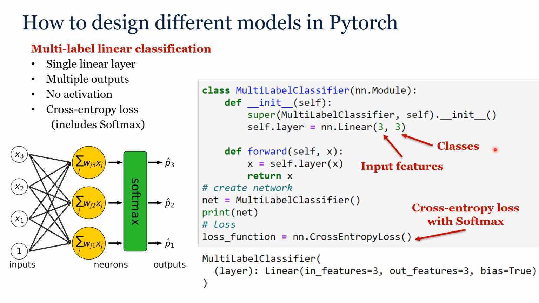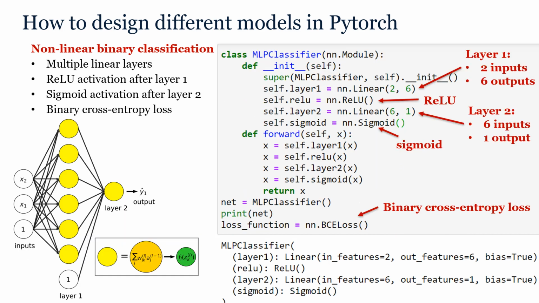To create multi-label classification, our linear layer will have as many outputs as we have classes. The loss will be the cross-entropy loss, which in Pytorch combines softmax activation function with cross-entropy loss. All of the networks that we have shown so far created linear models because they contain only one linear layer.